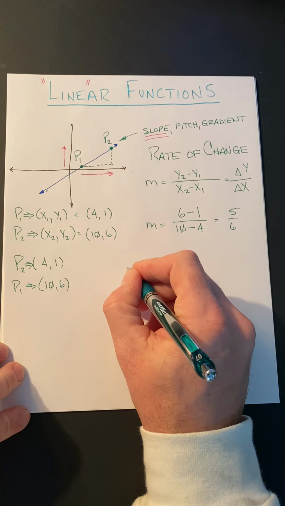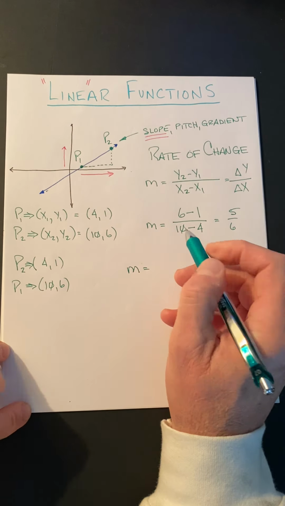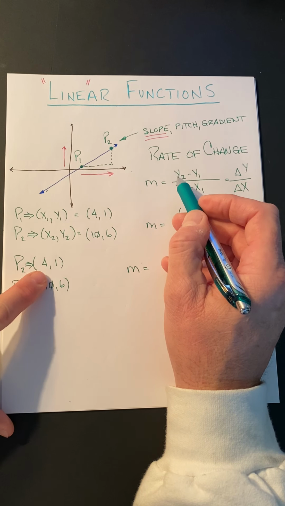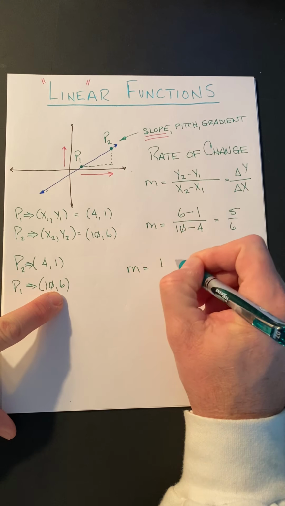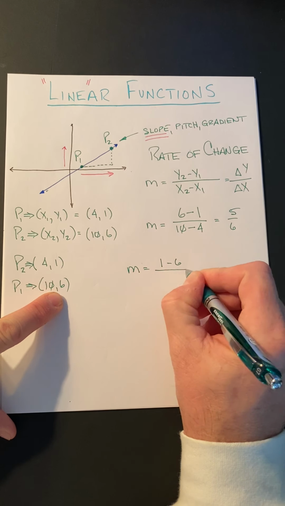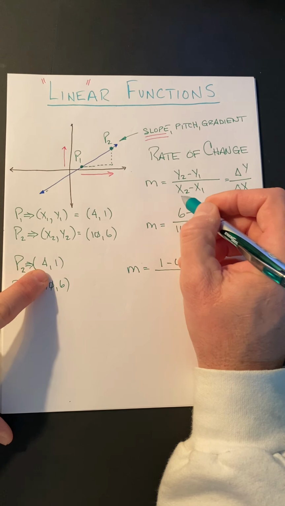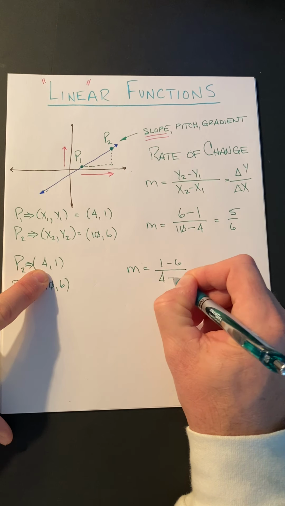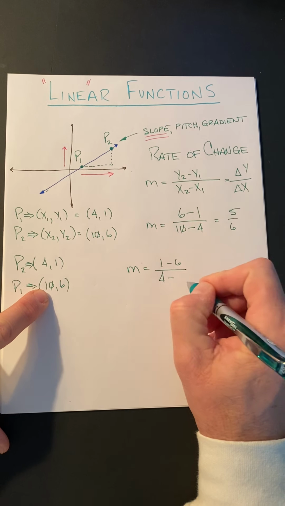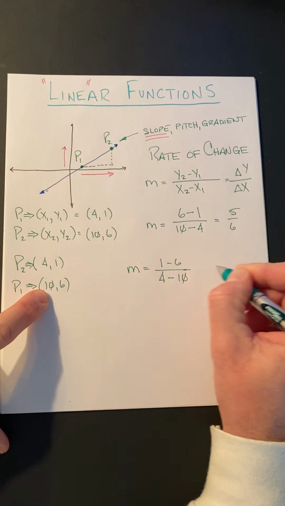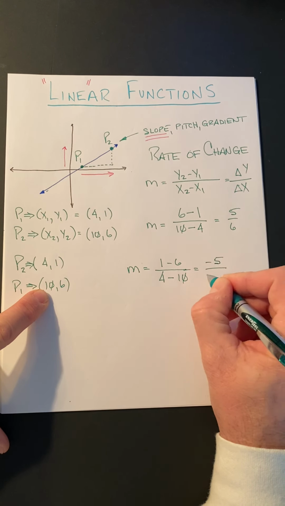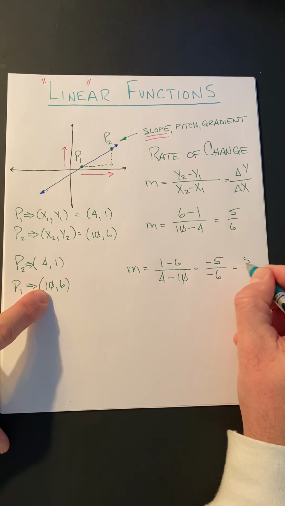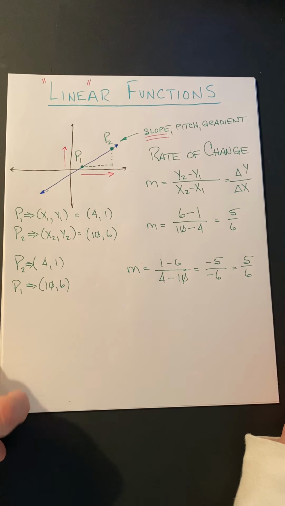So let's look at slope here. All right, so y2 is 1 minus y1, 6 over x2, which is 4, minus x1, which is 10, right? So I get minus 5 over minus 6, or I still get 5 over 6.